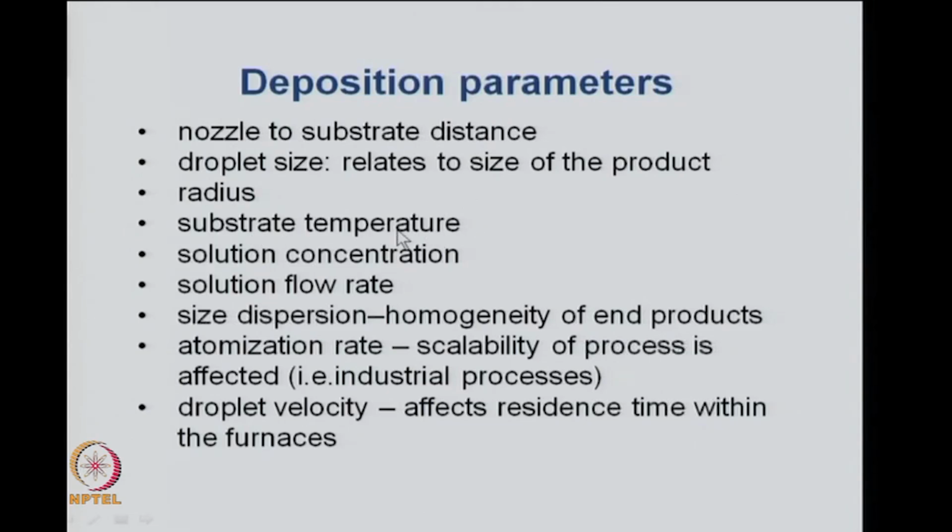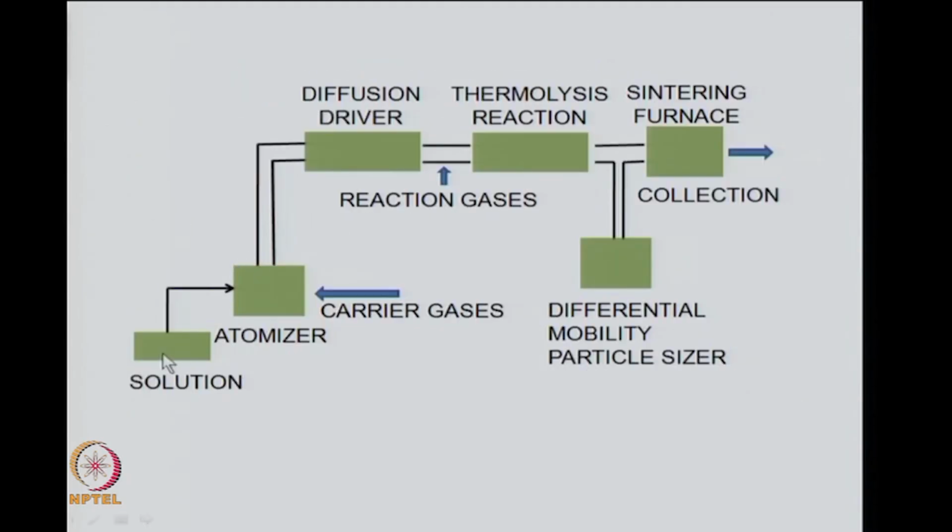The initial precursor solution has a concentration, and you can vary the concentration. So, that again is a parameter which can be varied. The solution flow rate can be varied. That means the solution is coming into the atomizer at a certain flow rate, say so many milliliters per second. I can vary that flow rate, and hence I can vary the droplet size, and ultimately I can vary the particles which are being collected on the substrate here.